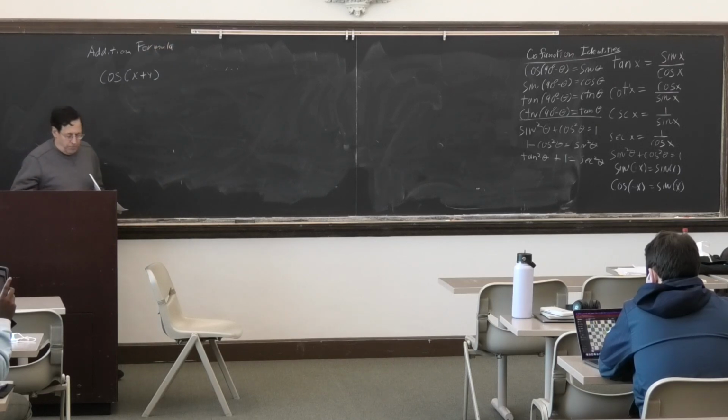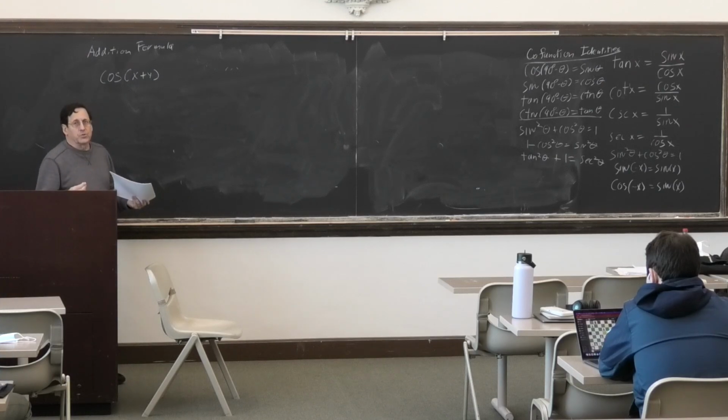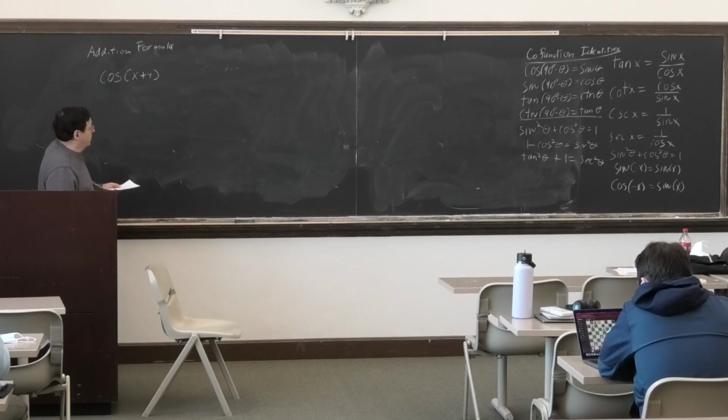This is going to be one of the few identities where we're actually going to fall back on some geometry to see what the result is. You don't have to reproduce the geometry proof, but it's straightforward enough that I think it's worth taking a look at.